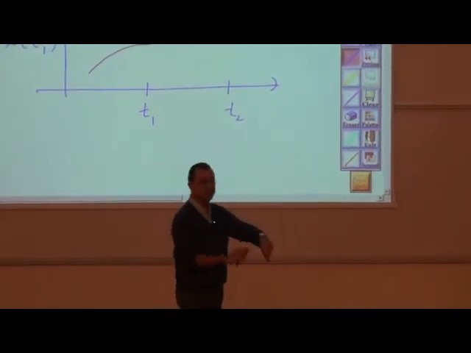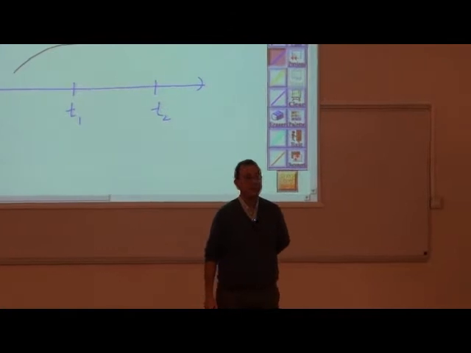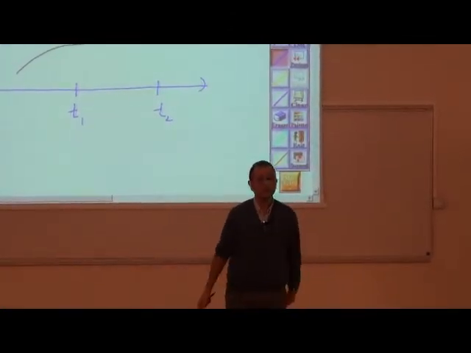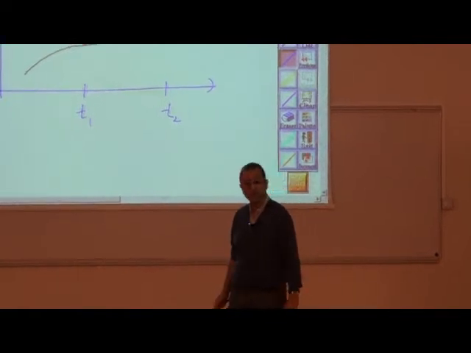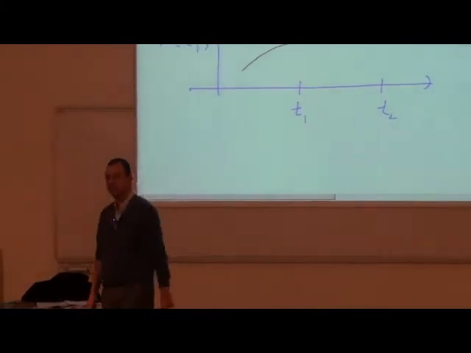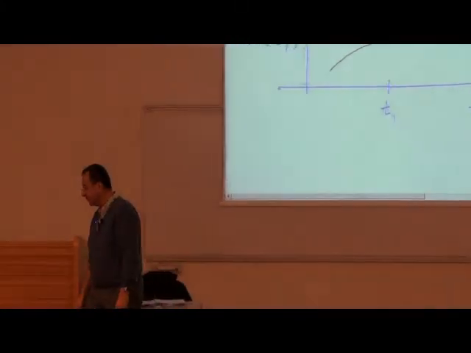Then I look at my watch again, let's say 1 second past 9 o'clock. Okay? So t2 is 1 second later. And now I find my particle is at 5.3 meters. So x of t2 is 5.3. Okay?